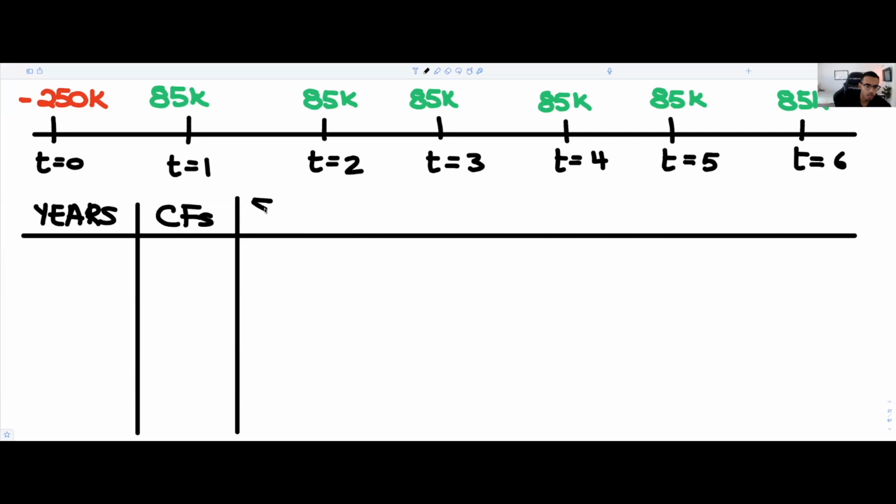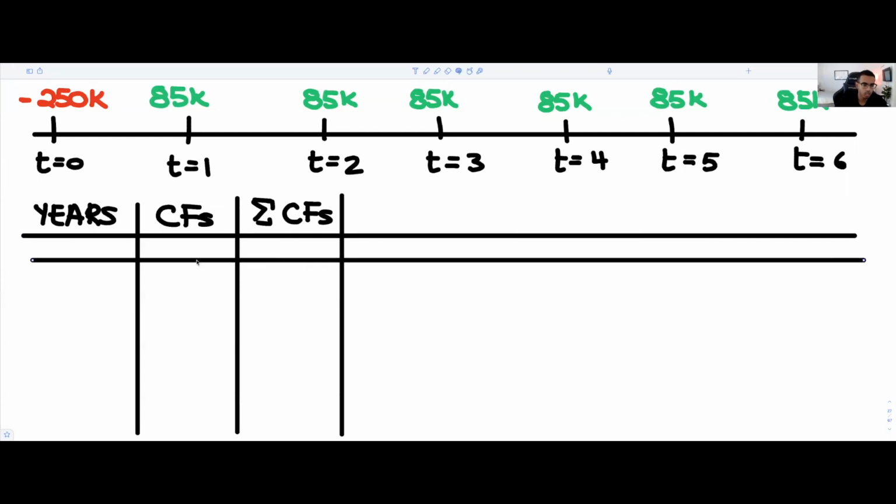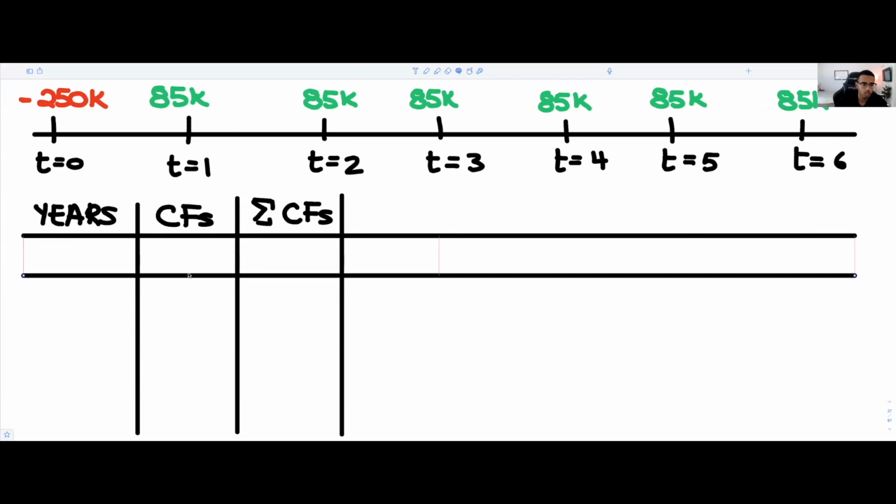So here we're going to have the sum of our cash flows. We're going to begin with that. And then I'm going to just copy a few things.